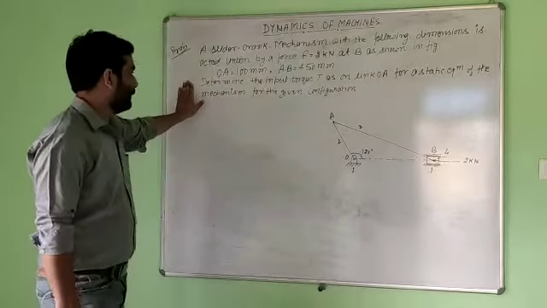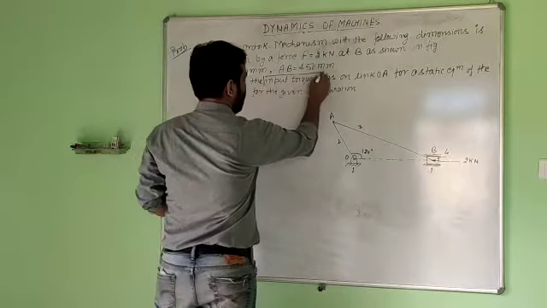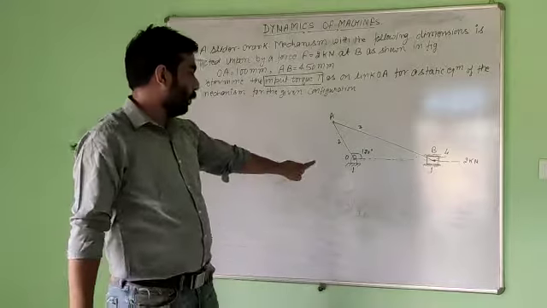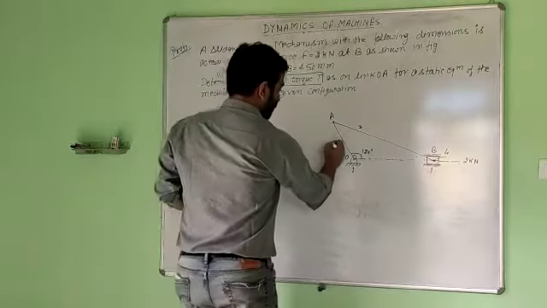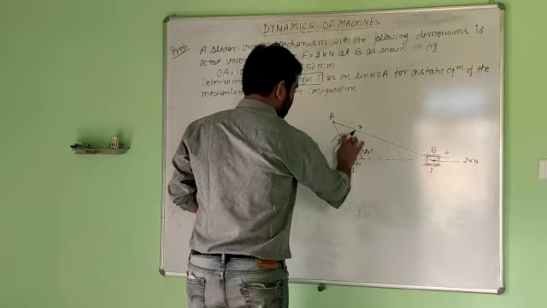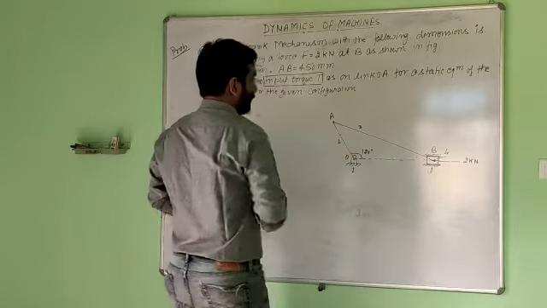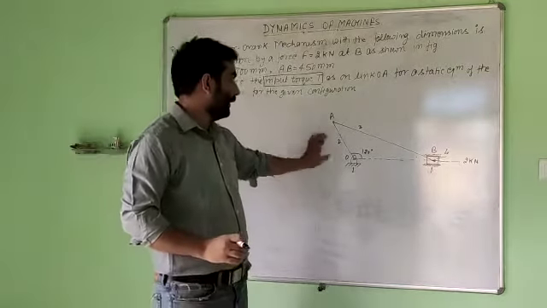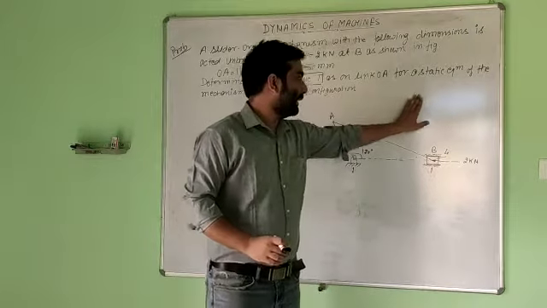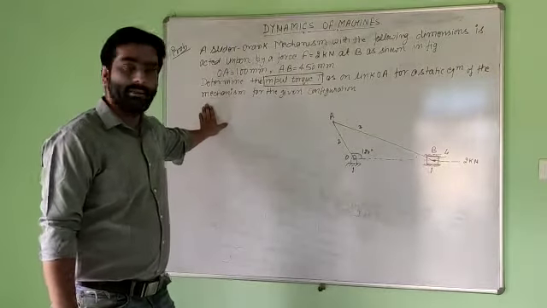What we have to calculate? Determine the input torque T on the link OA. We don't know the direction of that torque, so we have to calculate the input torque T on the link OA, as shown, for static equilibrium of the mechanism for the given configuration.